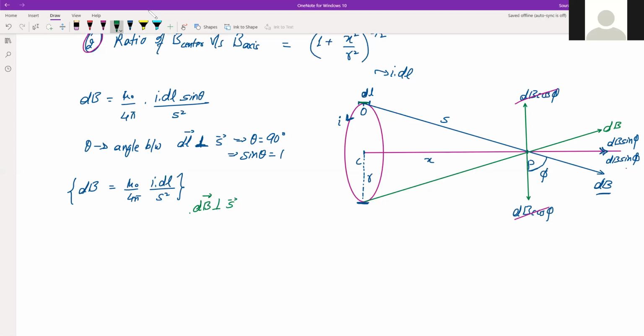So now we consider this phi angle between the S and R.